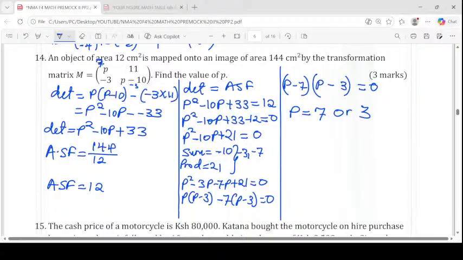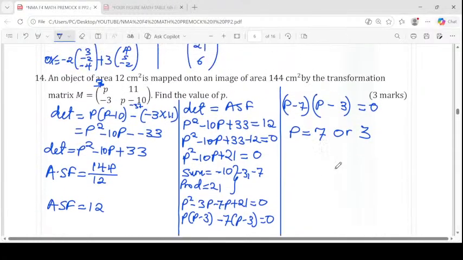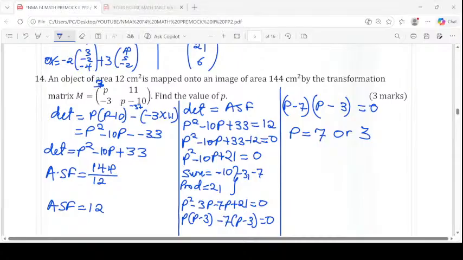Then P minus 10 becomes negative 7, so that becomes negative 21 minus negative 33, which again becomes 12. So P can be 7 or 3, which is correct. I think we are done with question number 14, ladies and gentlemen.